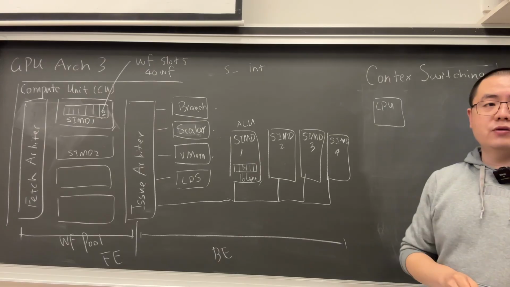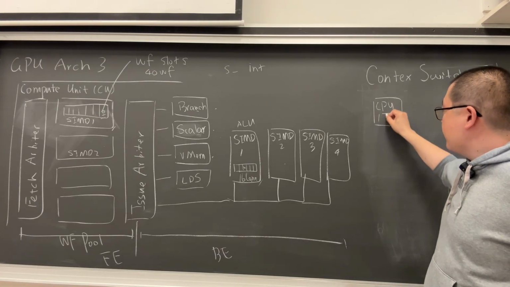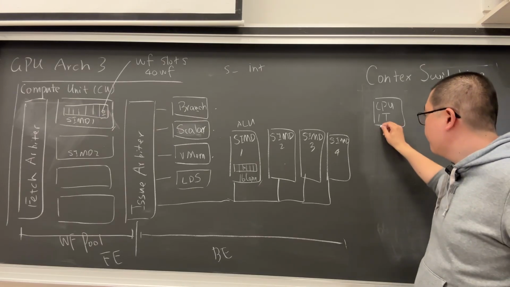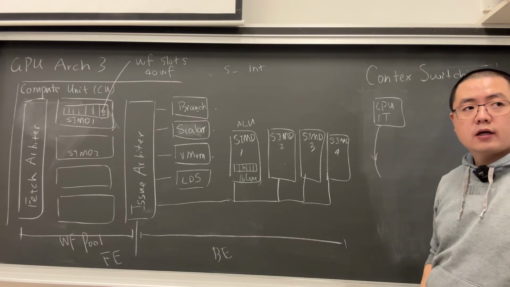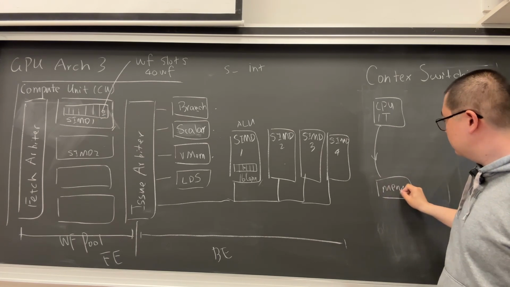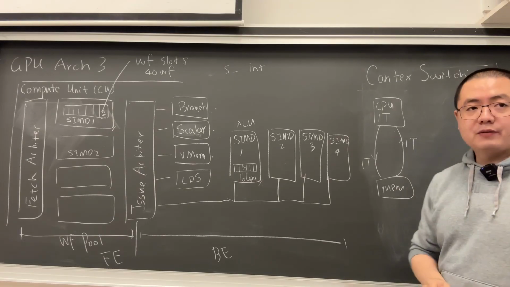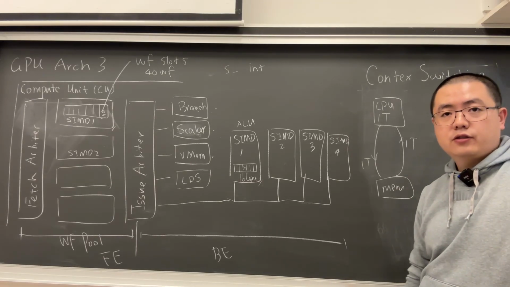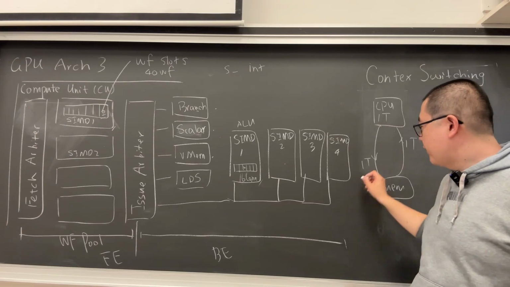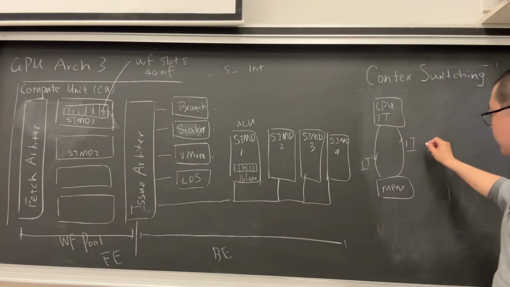When we say CPU context switching, a CPU core can only execute one thread at a time, right? So context switching means we need to store the context into the memory and load another thread from the memory to start executing the other thread, okay? So switching from one thread to another thread is associated with overhead.